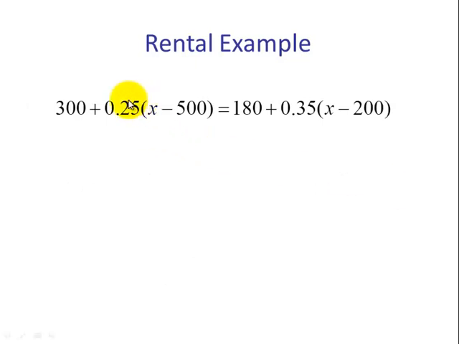We're going to distribute the 0.25 to the x and to the 500, and we're going to distribute the 0.35 to the x and the 200.